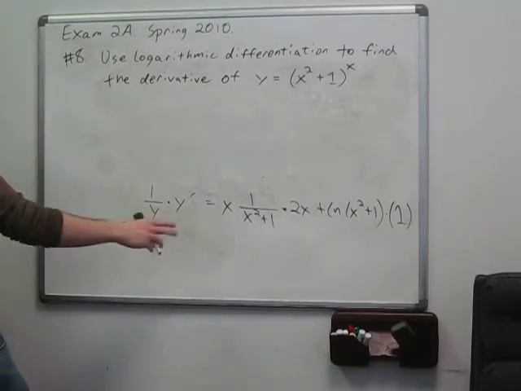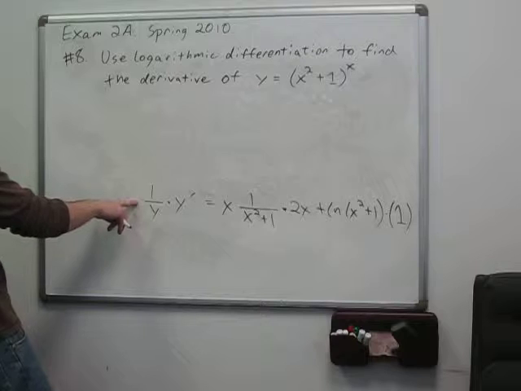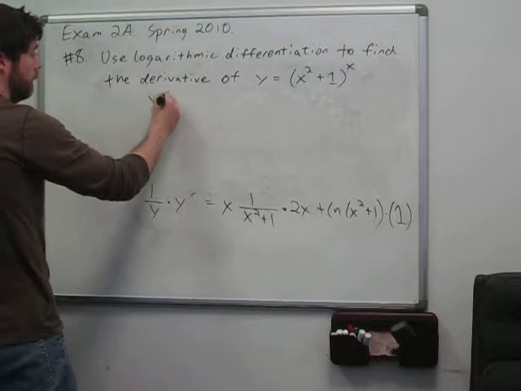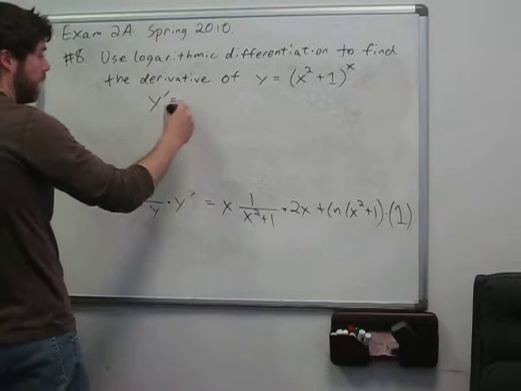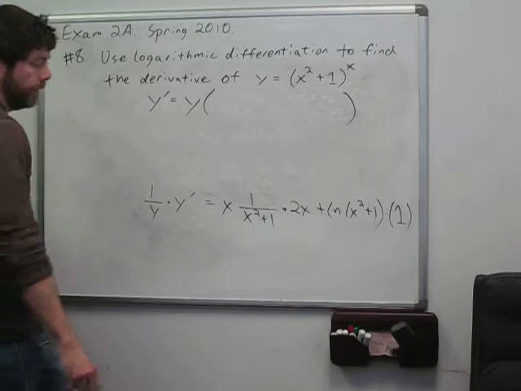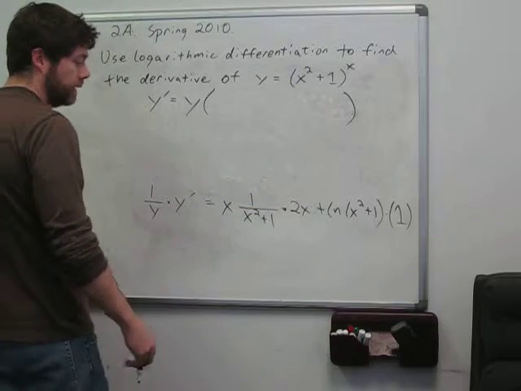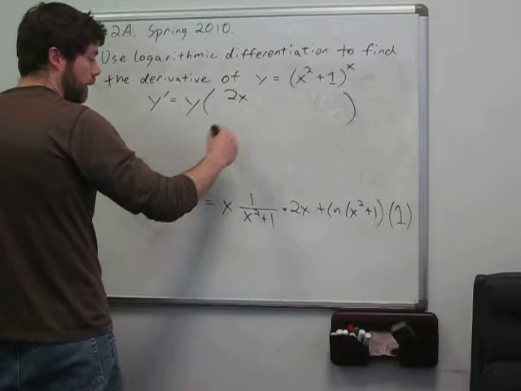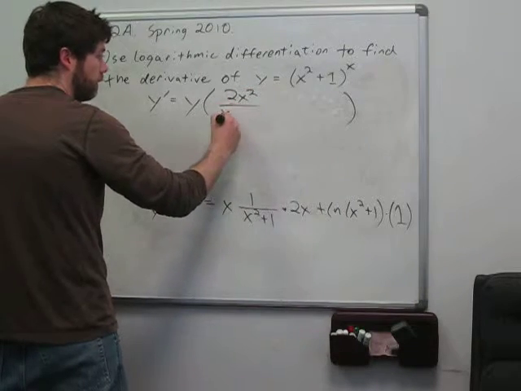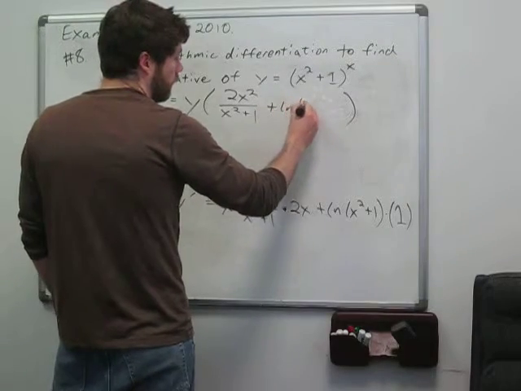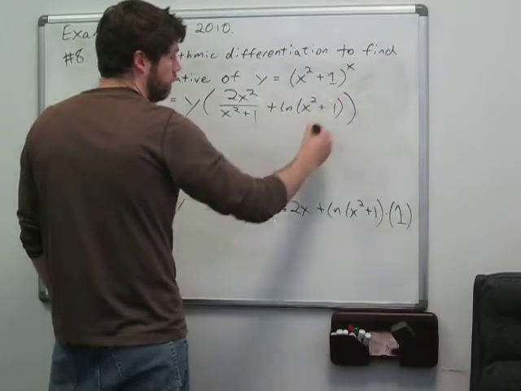So to get y prime by itself, I simply have to multiply the left side by y, so I'm going to multiply both sides by y. And we get that y prime is equal to y, and I'm going to go ahead and simplify this right side at the same time. We get 2x squared over x squared plus 1 plus the natural log of x squared plus 1.